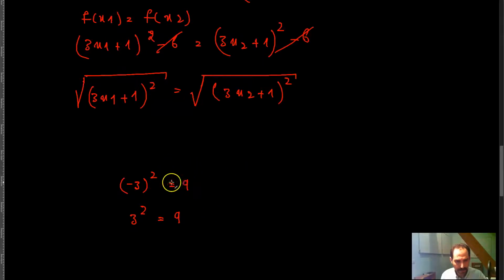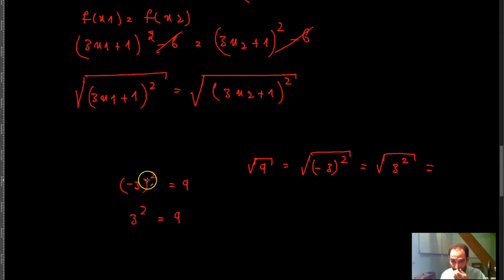Now if I want to take the square root of 9, which is the same thing as the square root of (-3) squared, which is the same thing as the square root of 3 squared, I have to account for the negative numbers that could have been multiplied together to give 9, or positive numbers that could have been multiplied together to get 9, and so I get positive or negative 3.